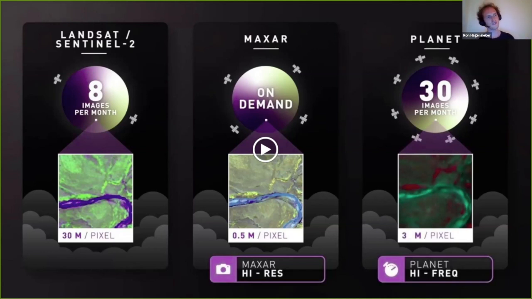But then there's a very nice compromise, which is Planet, which was one of our main sponsors. There you just get, and with just get, I mean us, because they were so nice to provide us with data, daily data with a 3-meter pixel resolution.